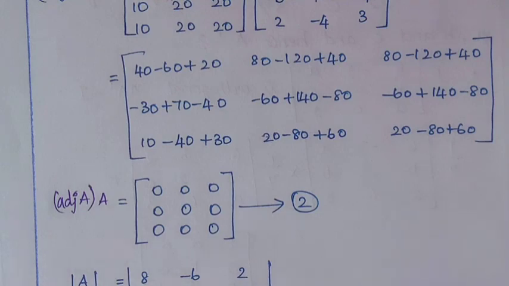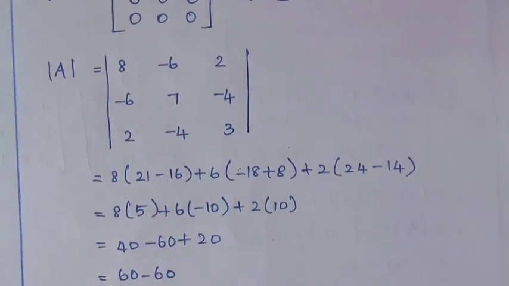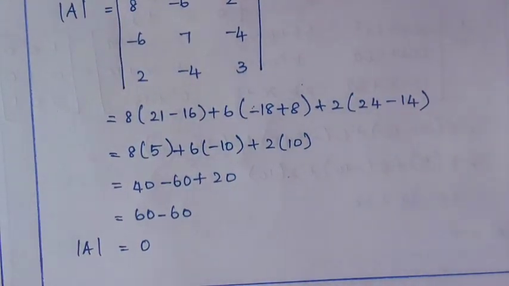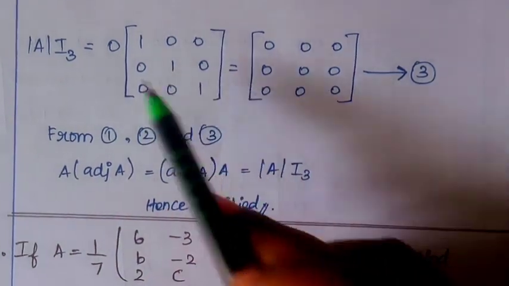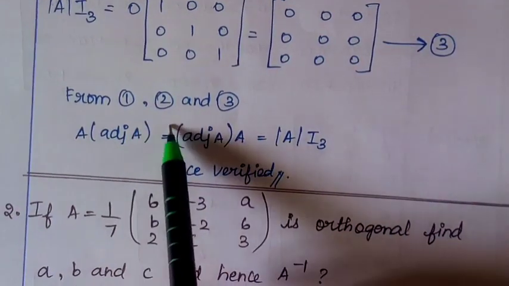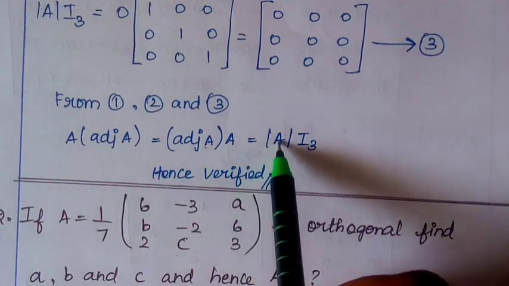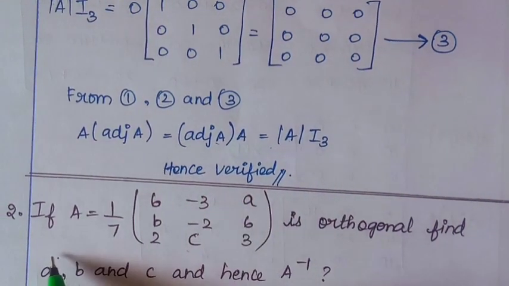This is equation 2. And modulus A, if we calculate, we get again 0. And then multiplying 0 with I3, we get completely 0 again. So from 1, 2 and 3, A adjoint A is equal to adjoint A into A is equal to modulus A I3. So hence verified.